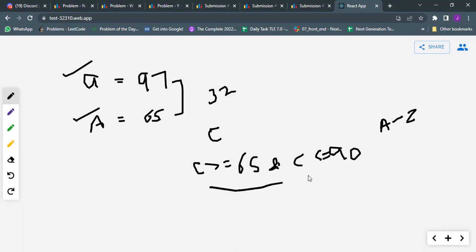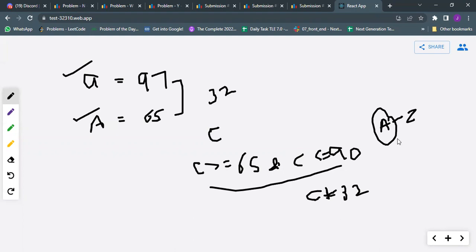So if that's the case, then you have to add 32 to it, because the difference is 32 between small case letters and capital letters, right? So let's say if A is given, then it will be converted to small a, right?